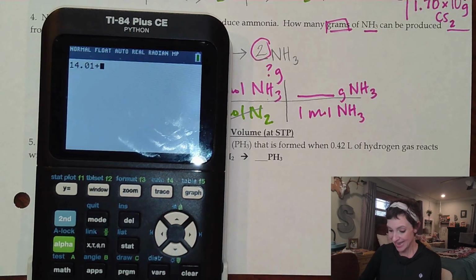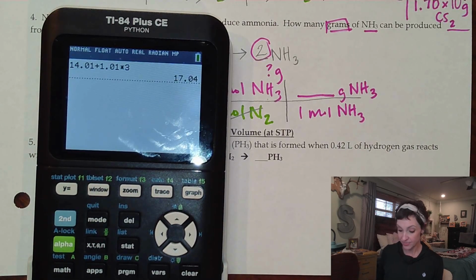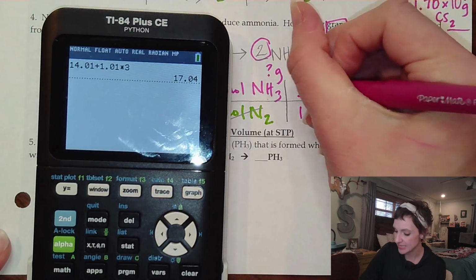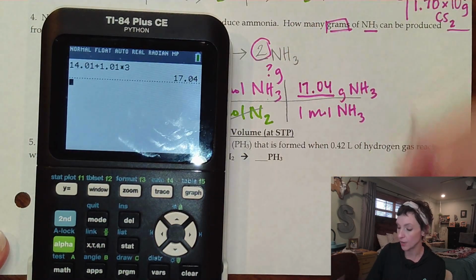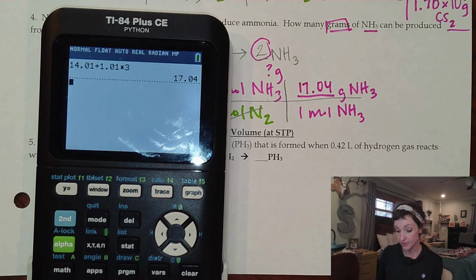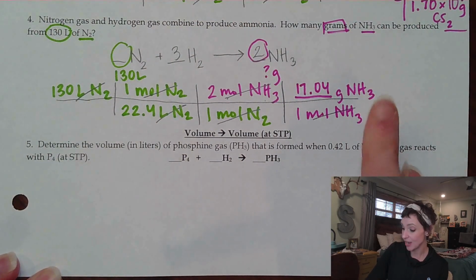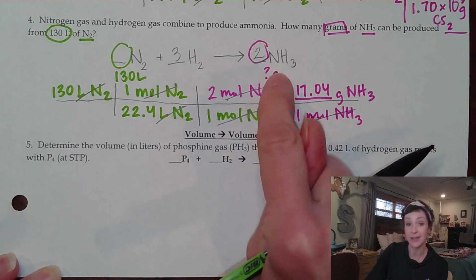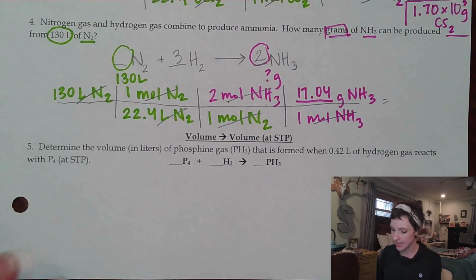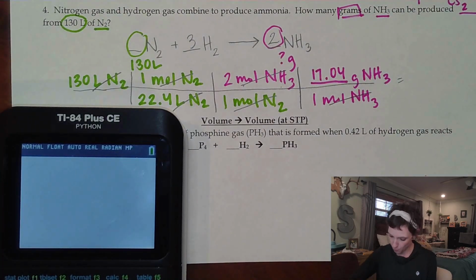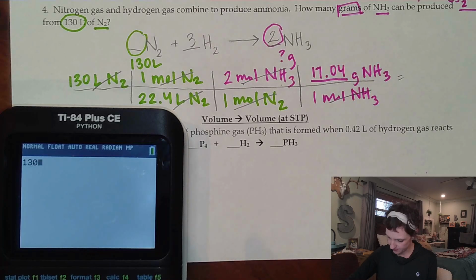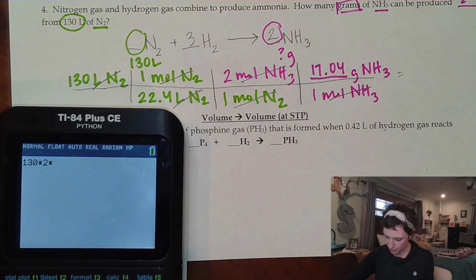There's one of him. And then my next guy is hydrogen, 1.01 times 3 of him. The molar mass of ammonia is 17.04 grams in every 1 mole. So the purpose of doing this is now I can cancel off. The only thing I've not canceled off is what I'm solving for, grams of ammonia. Yeah, that looks good to me. So now we are ready to math it up. 130 times 2 times 17.04.